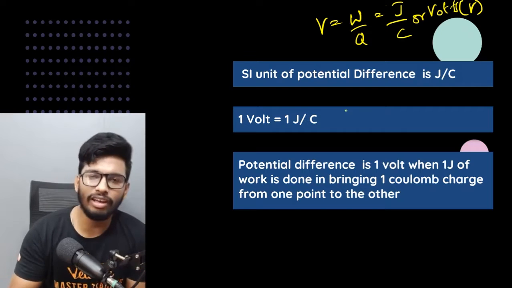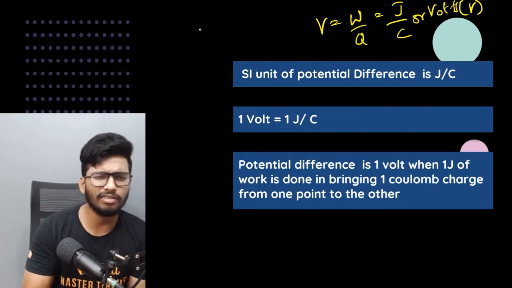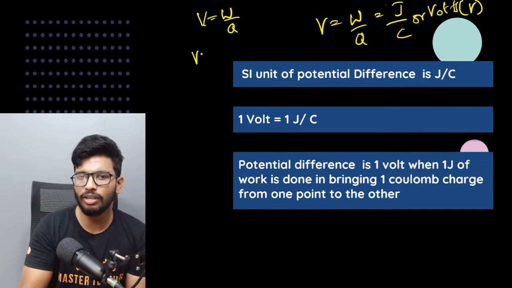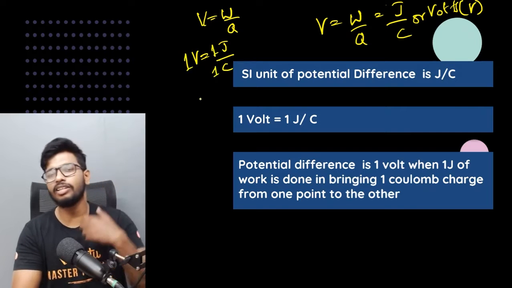All right. Now, if you're ever asked to define 1 volt, guys, very simple. We know that potential difference is equal to work done per unit charge. The SI unit of potential difference is volts, the SI unit of work done is joules, and the SI unit of charge is coulomb. All you have to do is put a 1 in front of all three and define it in your own words.